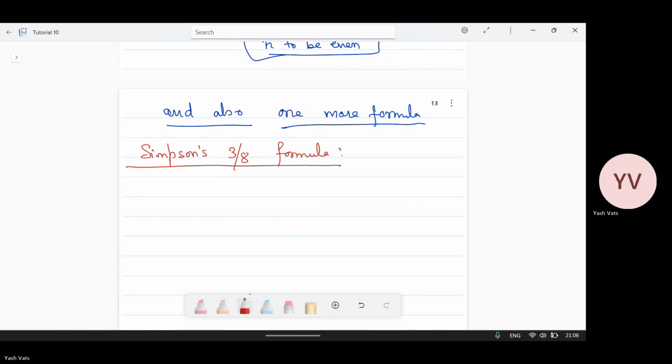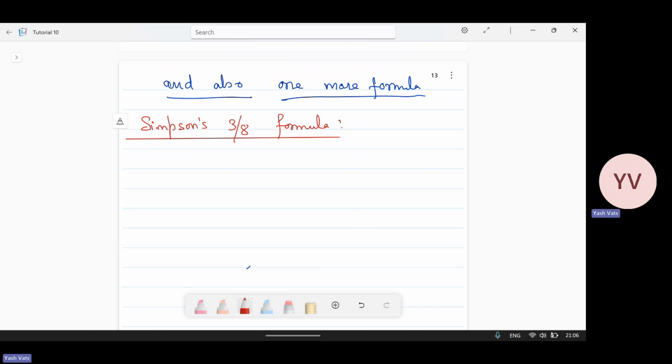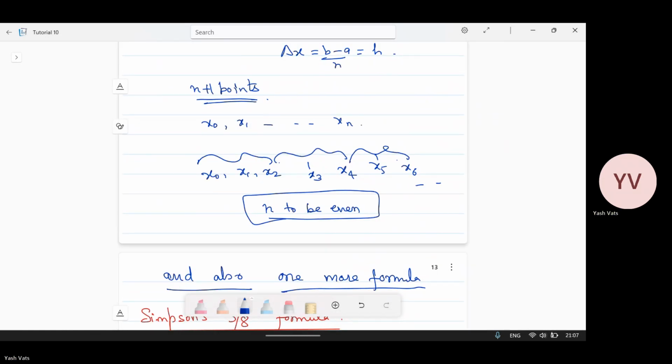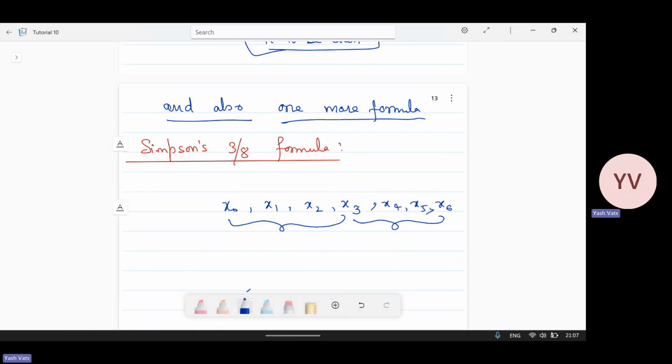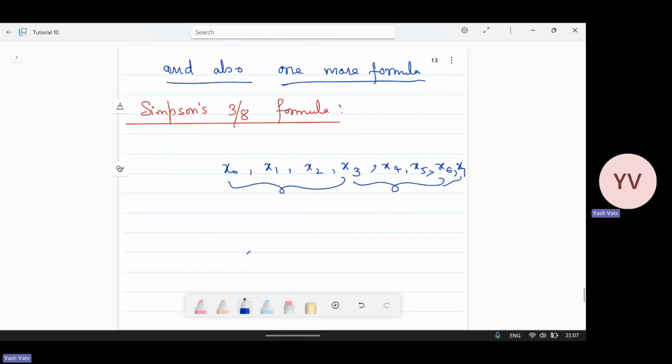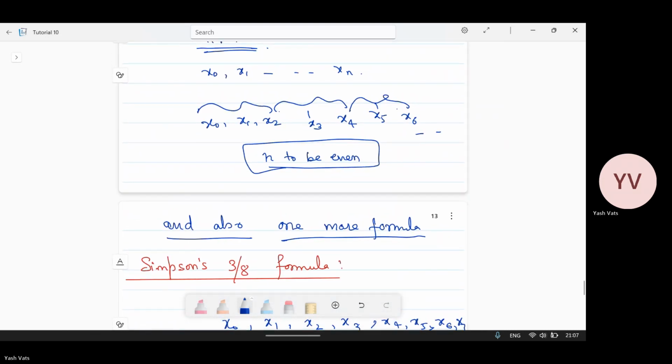Simpson's 3 by 8 formula: instead of 3 points, it takes into account 4 points, x0, x1, x2, x3, x4, x5, x6, x7, and so on.